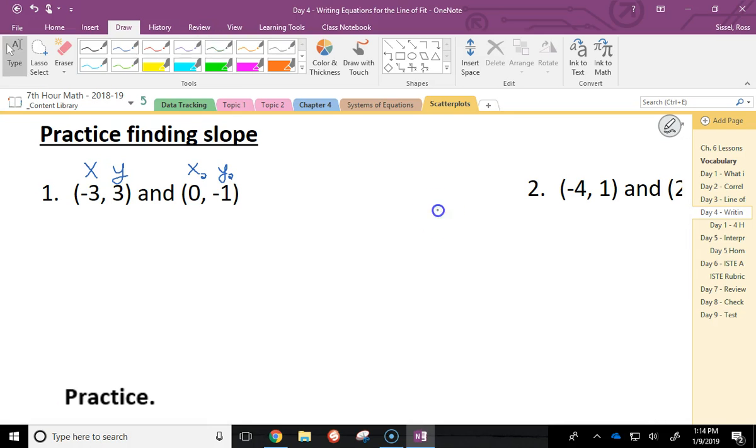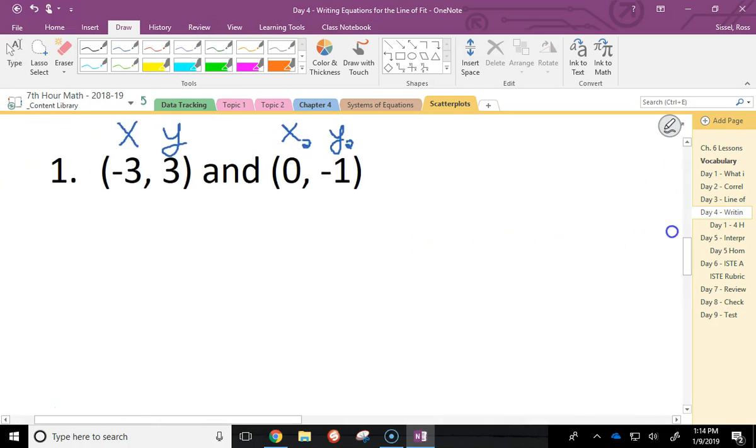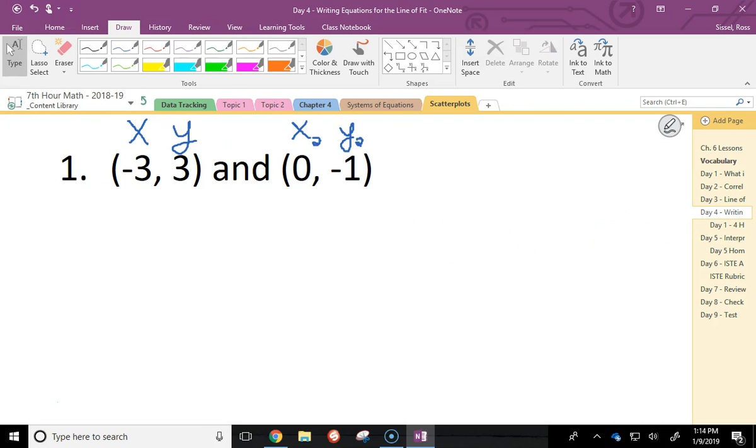To find slope, we do y2 minus y1 all over x2 minus x1. Hopefully that is sounding familiar to you, because we did a lot of that last semester in the 4th quarter.